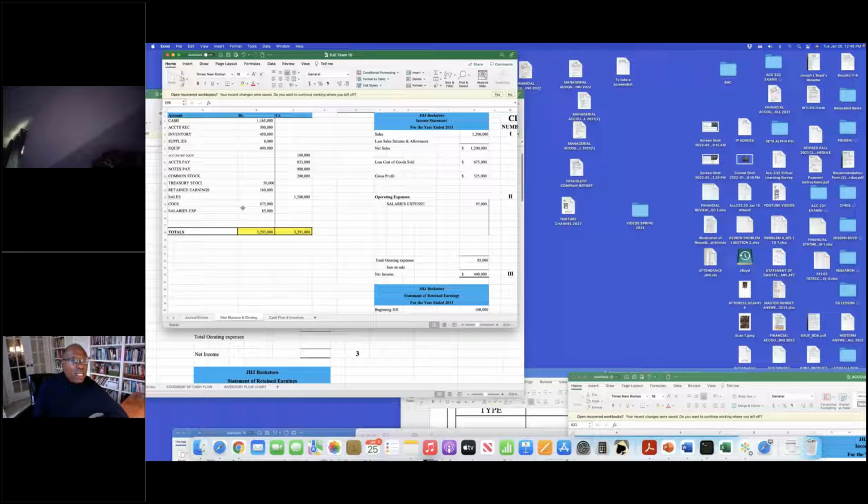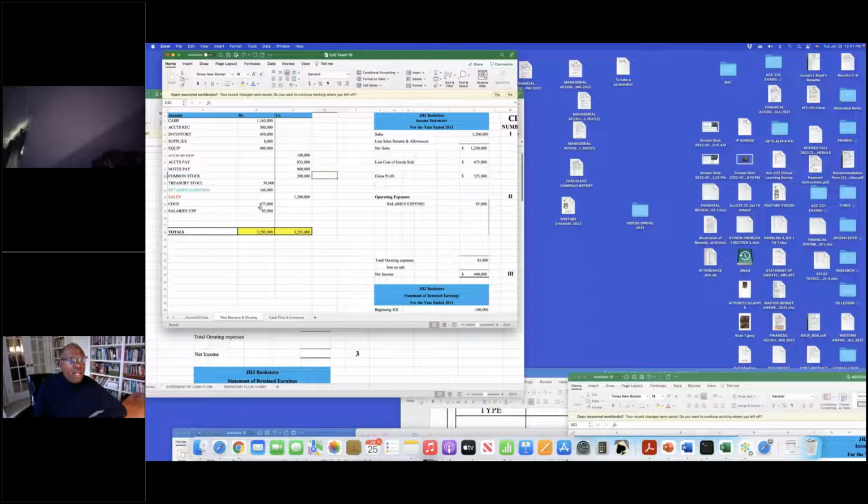I'm going to highlight this in red. Everything from sales on down goes on the income statement. Put this in blue, I guess. Everything from retained earnings up goes on the balance sheet.